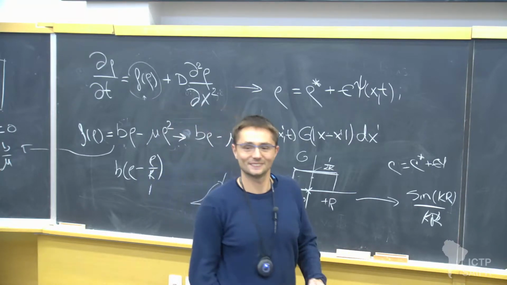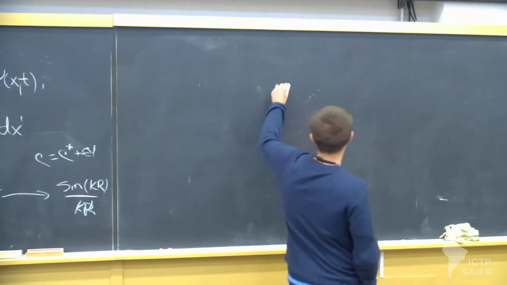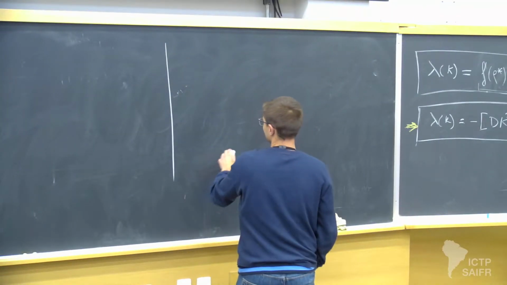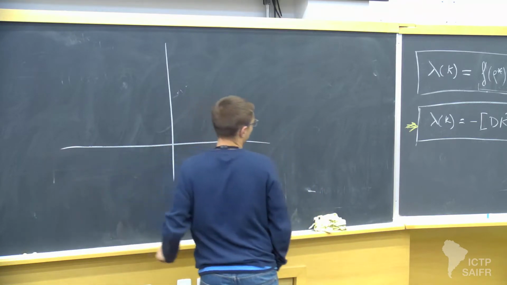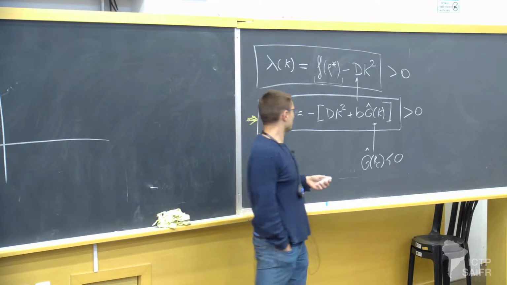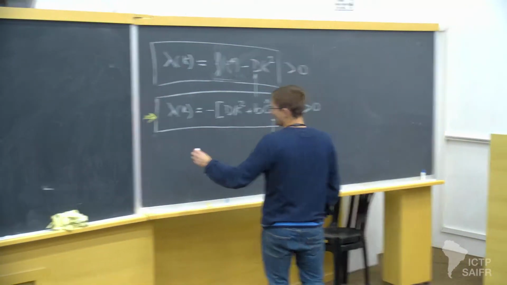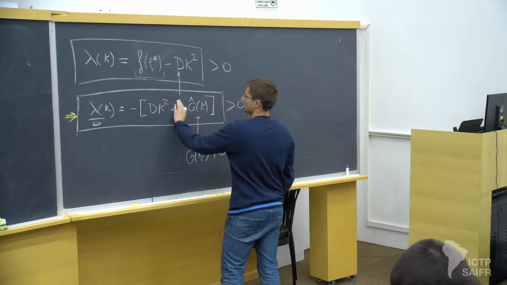Yeah, good. Sorry? Well, we can try to see if we learn something by drawing this function, no? So we can rewrite this as a non-dimensional growth rate by dividing by b, and then this is.